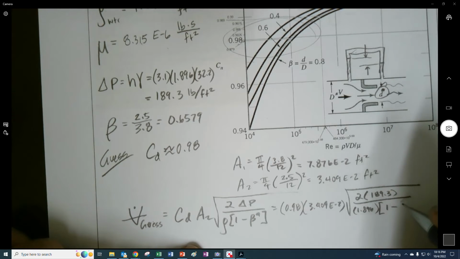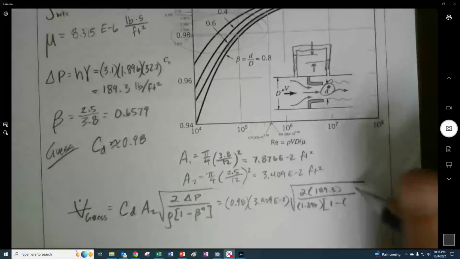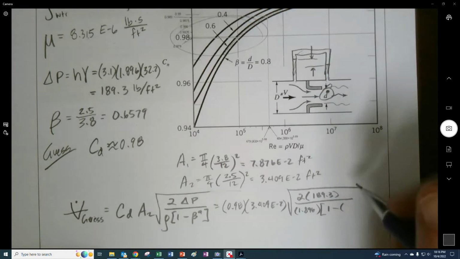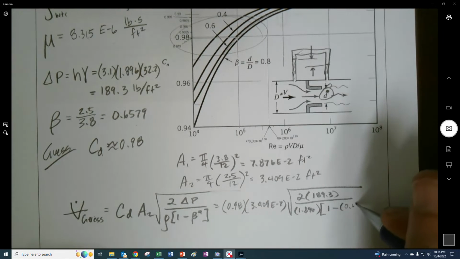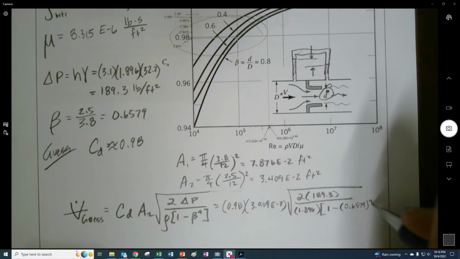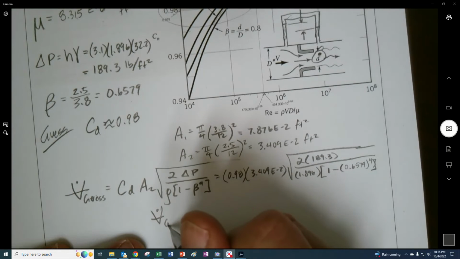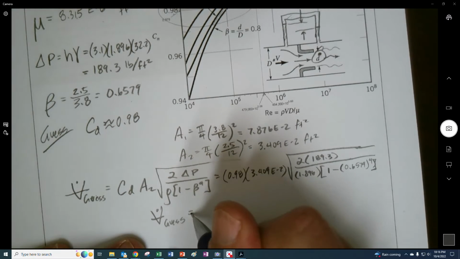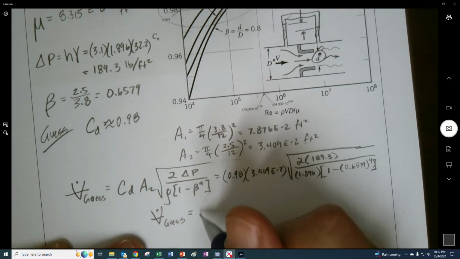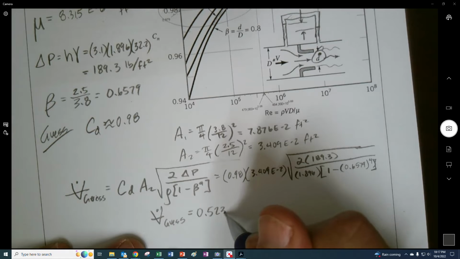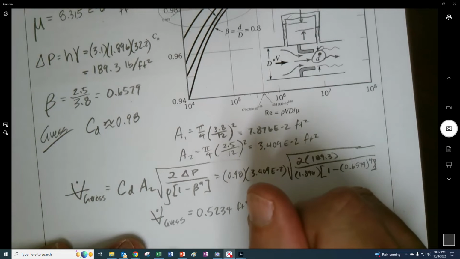And we have 1 minus, and here was our ratio, 0.6579. Fourth, I'm going to bracket. So our initial guess is equal to 0.5234 cubic feet per second.